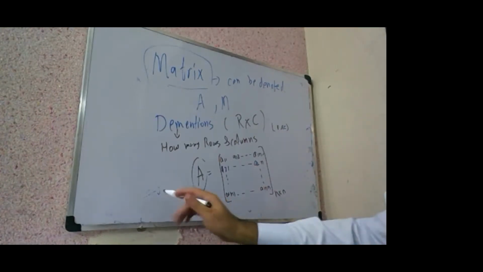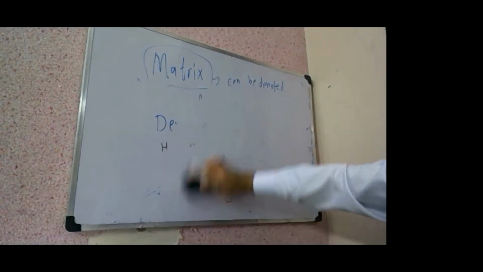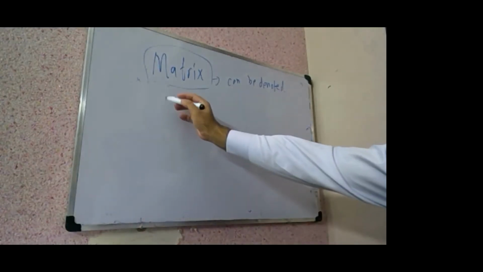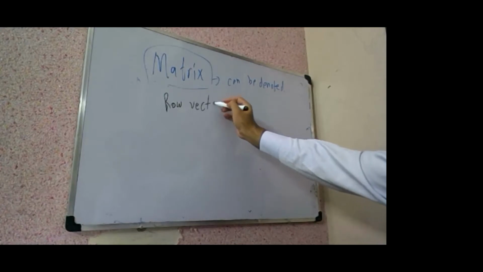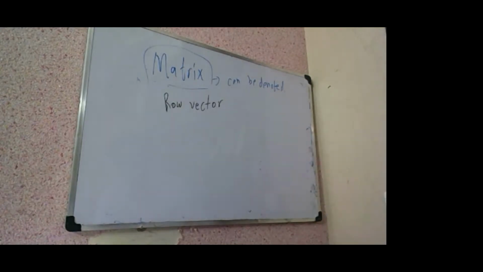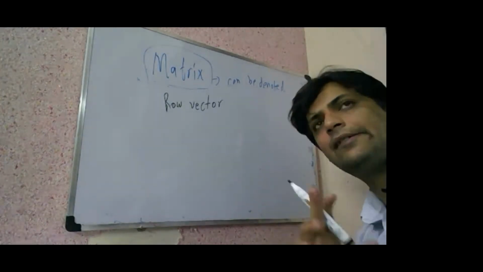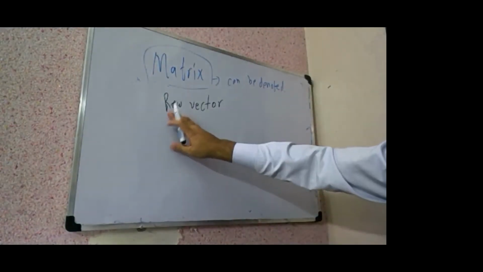Then what is a row vector? So the next topic will be within matrix. While defining the matrix, you should know some of these. What is a row vector? Can you guess? Any vector which only has one row, that's a row vector, as it is shown by its name.